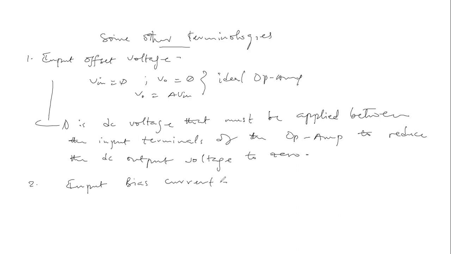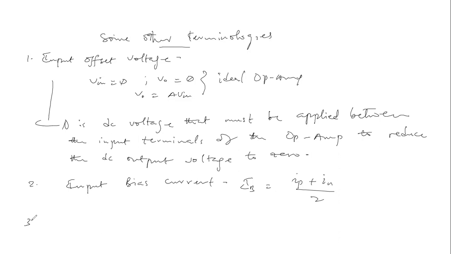Okay. And now we also have the input bias current. Now, the input bias current is the average of the DC currents flowing into the input terminals. So that is I sub B is the same as I sub P plus I sub N divided by 2.